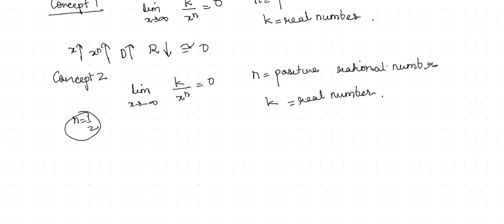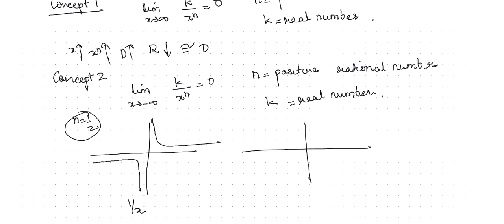However, k will affect the direction with which it approaches. Suppose it is 1 by x, then the way it approaches 0 as x tends to infinity and negative infinity is like this. And for negative 1 by x, the graph is like this.